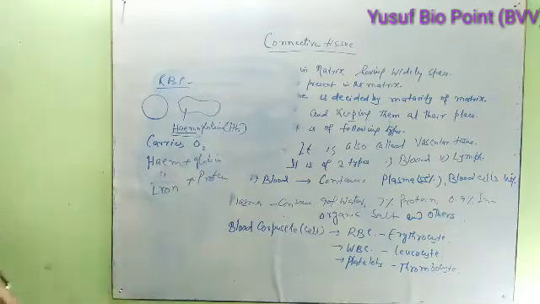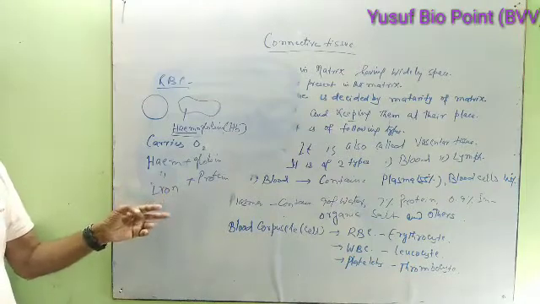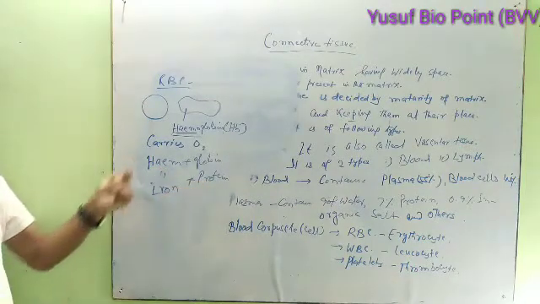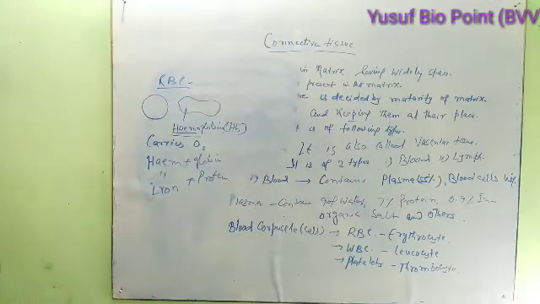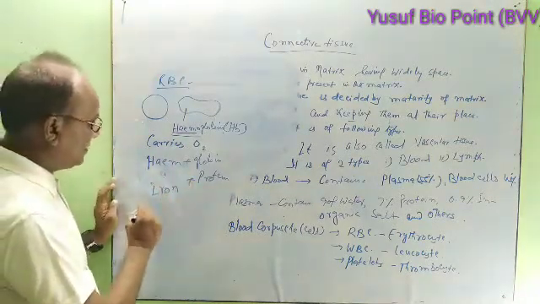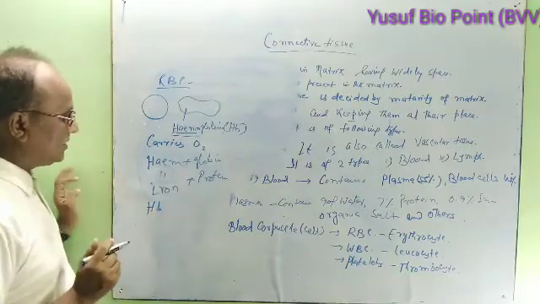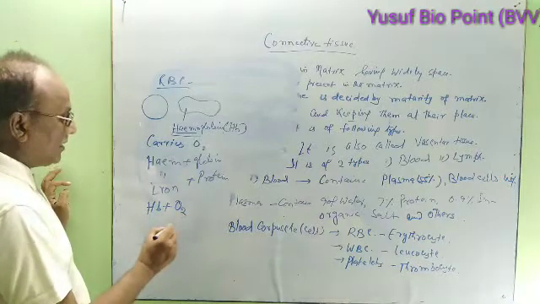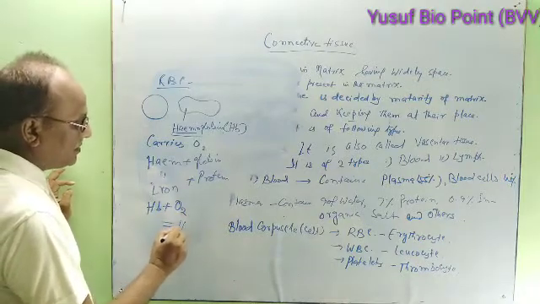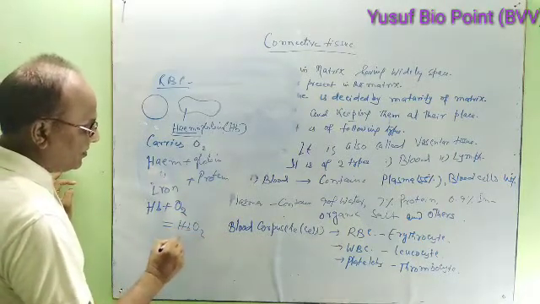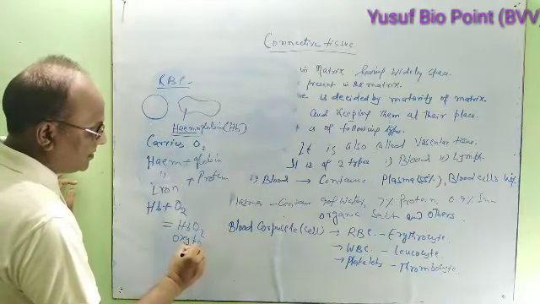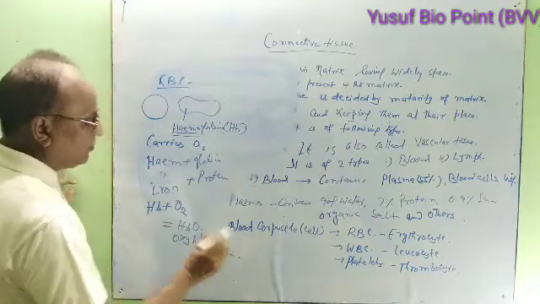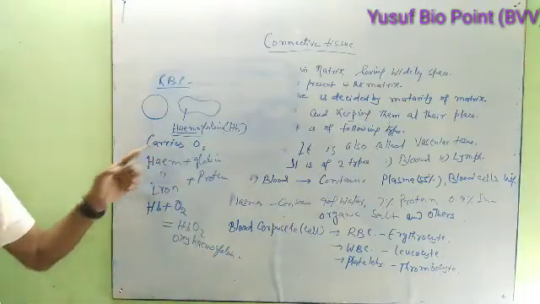So hemoglobin is composed of heme plus protein, मतलब लोहा और प्रोटीन के मिलने से हीमोग्लोबिन बना होता है. It is denoted by Hb, and when it combines with oxygen it forms HbO2, यानी oxyhemoglobin.